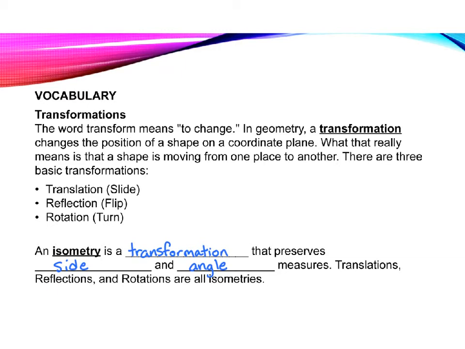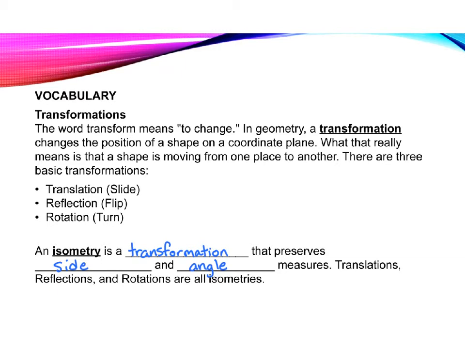Something else that we need to know is a vocabulary word called an isometry. An isometry is a transformation that preserves side and angle measurement of our figure. So all three of these right here, translation, reflection, and rotation, are all isometries.